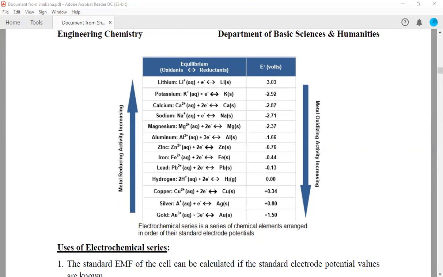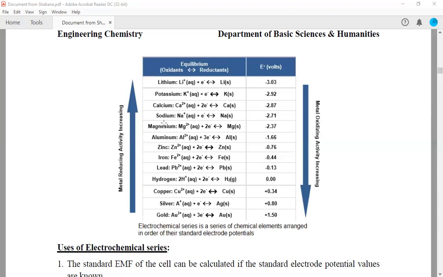Any metal above hydrogen will displace the hydrogen from dilute acid solution. For example, sodium. Here is sodium, which dissociates into Na plus, and the position of sodium is above hydrogen. So it can displace the hydrogen easily from dilute acid solution.